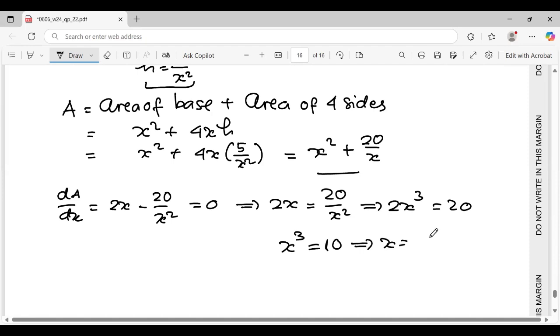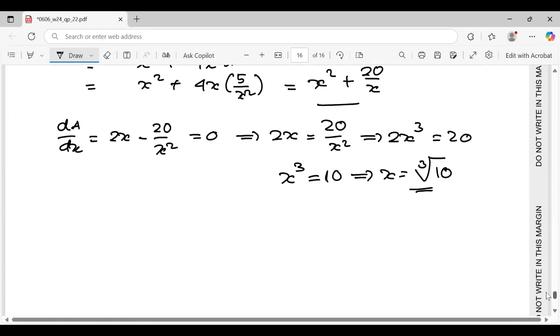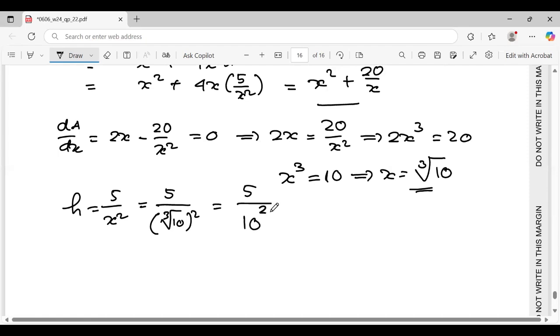So x equals the cube root of 10. Then we can find h based on h equals 5 over x squared, so 5 over the cube root of 10 squared, or 5 over 10 to the power 2/3.